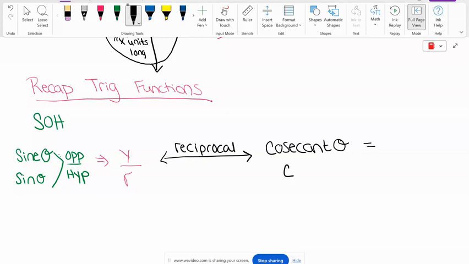The way you shortcut cosecant is CSC, and really all that is the reciprocal of sine. So if sine is opposite over hypotenuse, cosecant will be the hypotenuse over the opposite, which according to our right triangle would be r over y. There are going to be 6 trig functions that we need to have memorized.